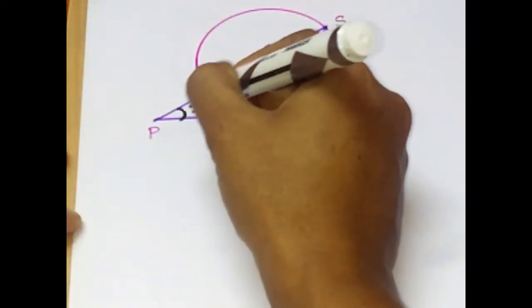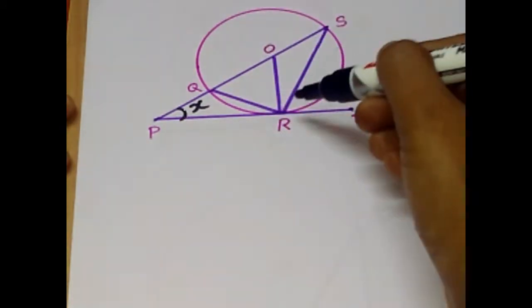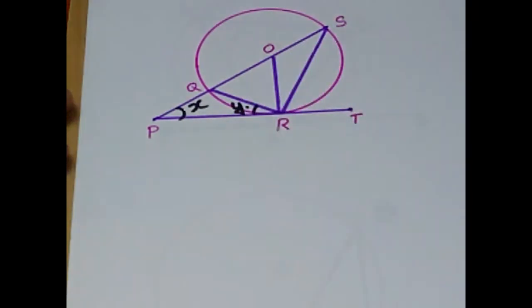SPR is equal to X and QRP is equal to Y. Now I need to prove that angle ORS is equal to Y.